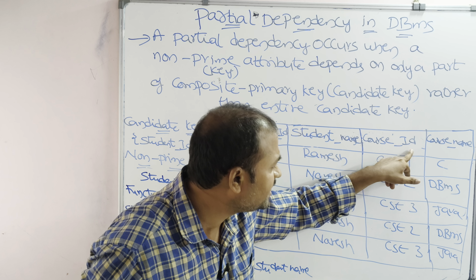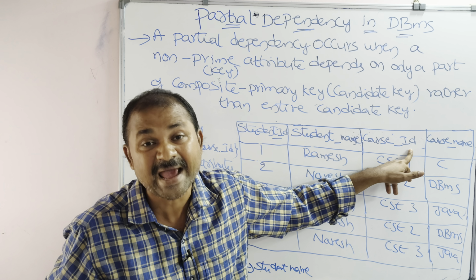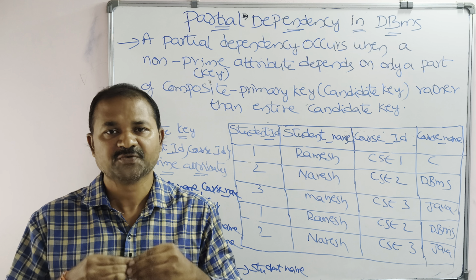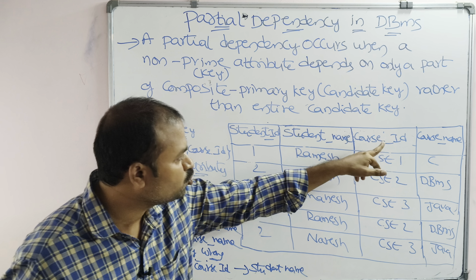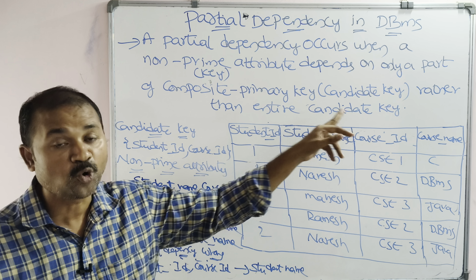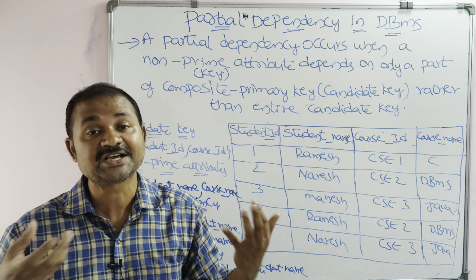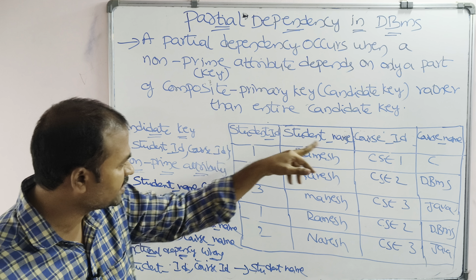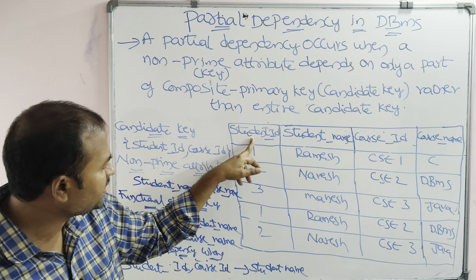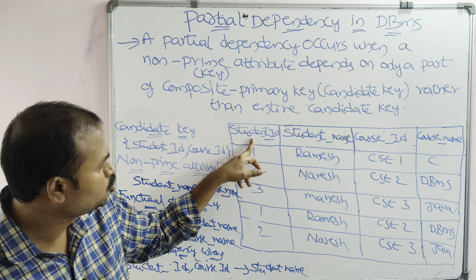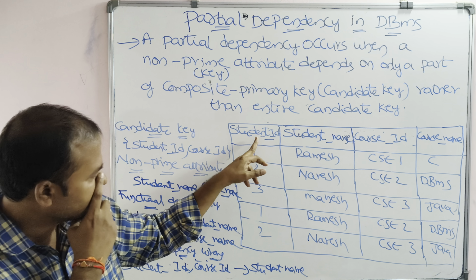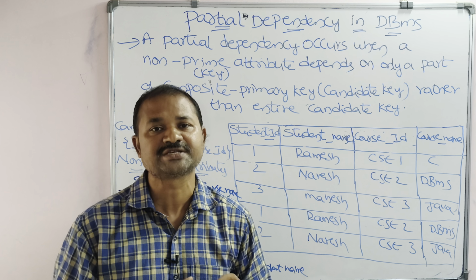So we can't select course ID as the primary key. We can combine these 2 attributes as a composite primary key. A composite primary key is a collection of attributes. So here the composite primary key, or candidate key, contains 2 attributes: student ID and course ID.